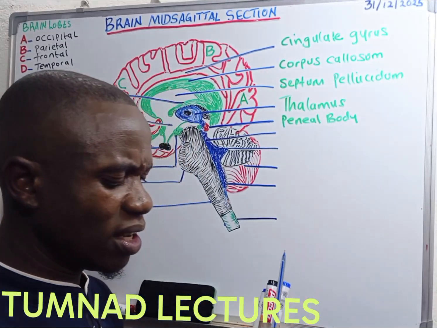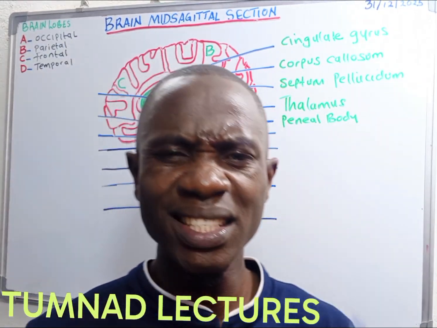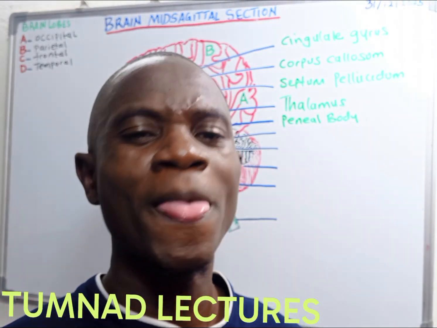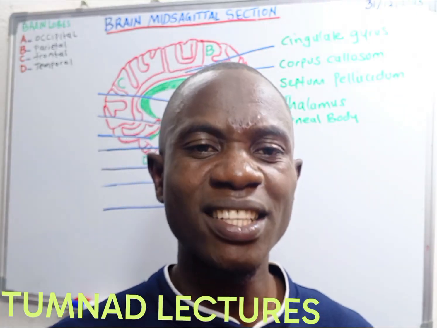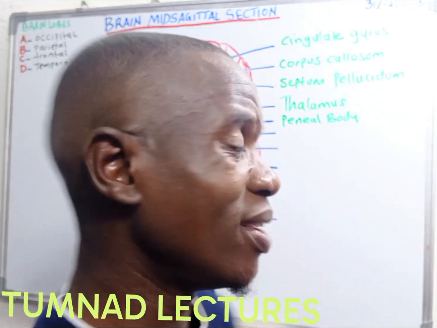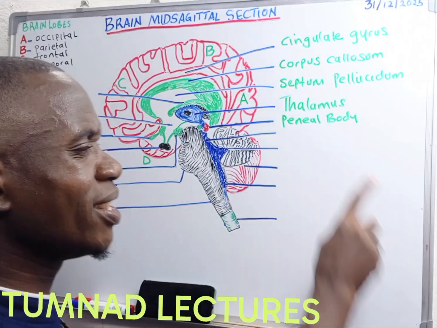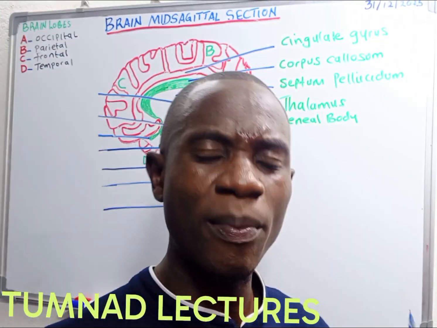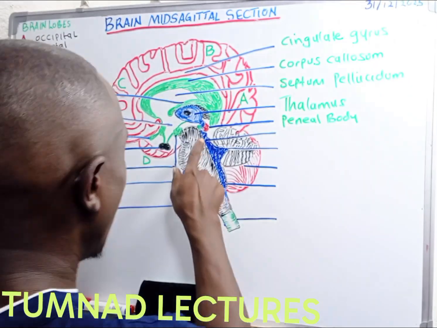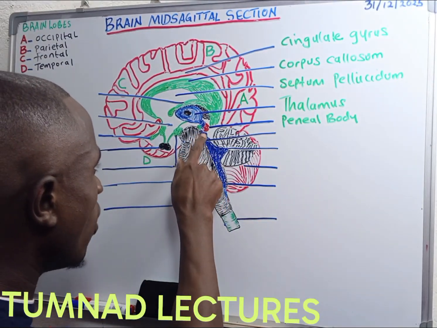And this pineal body is very important in the way that it releases a very important chemical that regulates our sleep-awake cycle. And how do we call that chemical? That chemical is what we call melatonin. Okay, that hormone is called melatonin. This guy releases melatonin that regulates our sleep-awake cycle. Very important.